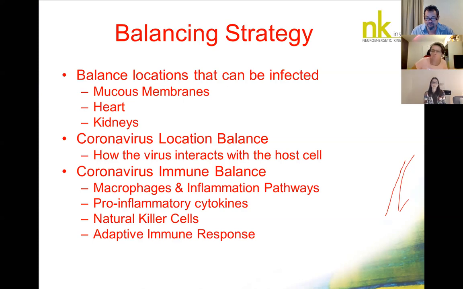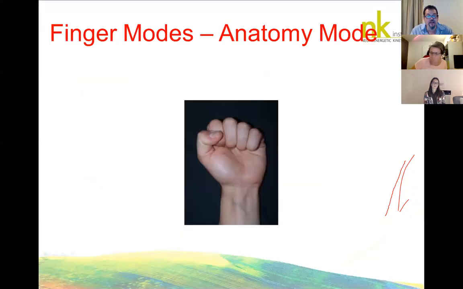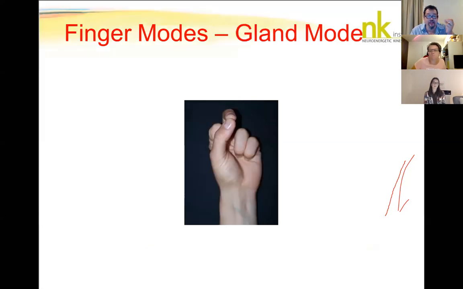It's using a combination of finger modes, and these are kind of standard ones like anatomy and gland mode.